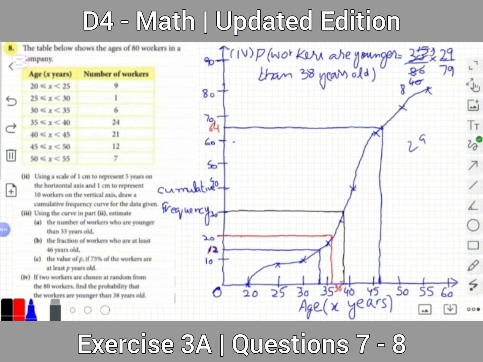Now 29 multiplied by 3, 9 3s are 27 and 3 twos are 6, and 87. So in the numerator we have 87 divided by, and in the denominator we have 632. So the probability that workers are younger than 38 years old is equals to 87 over 632.